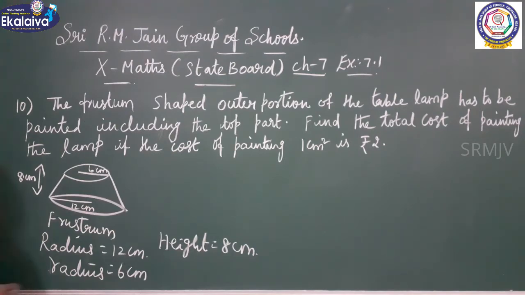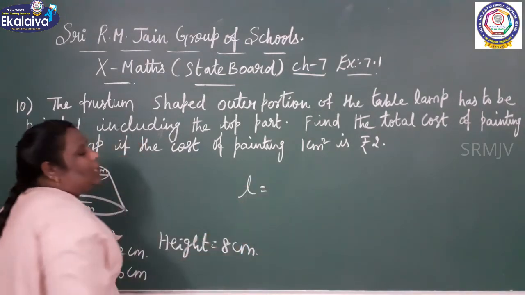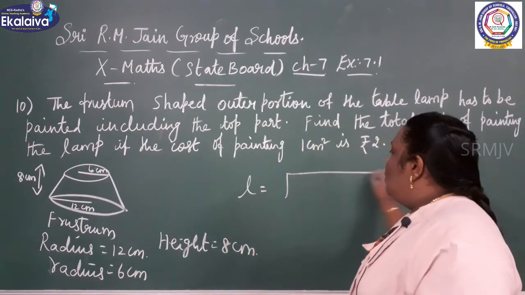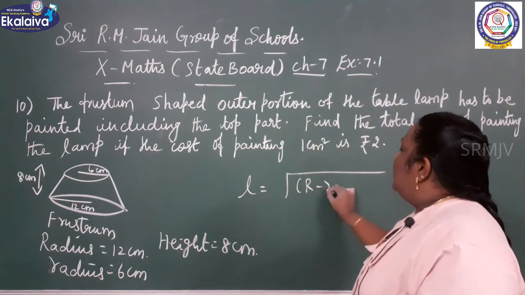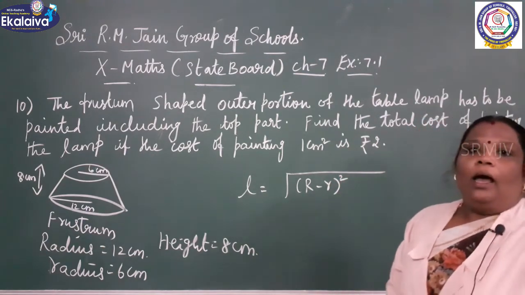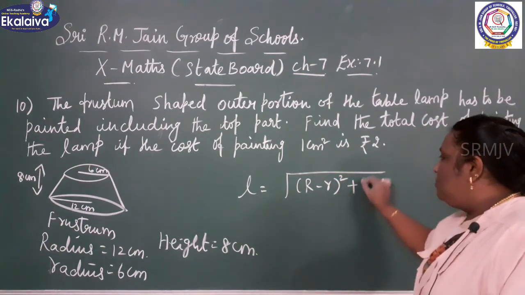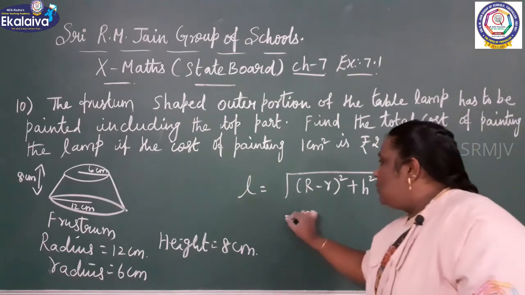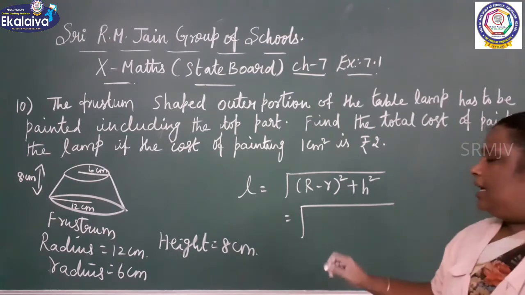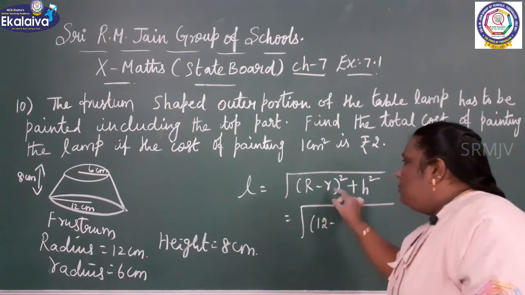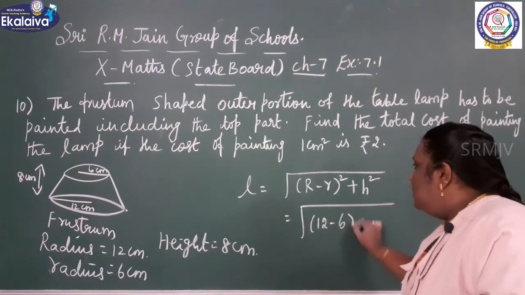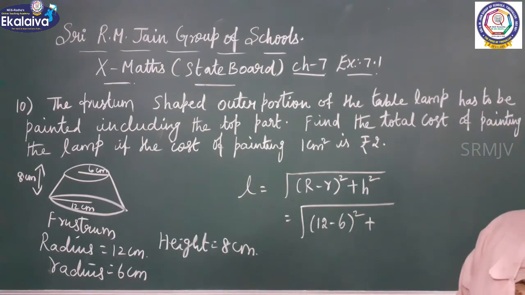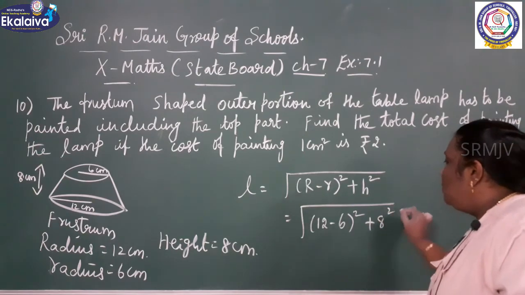What is the slant height formula? L equal to root of R minus r the whole square plus h square. R equal to 12, r equal to 6, and h value equal to 8.